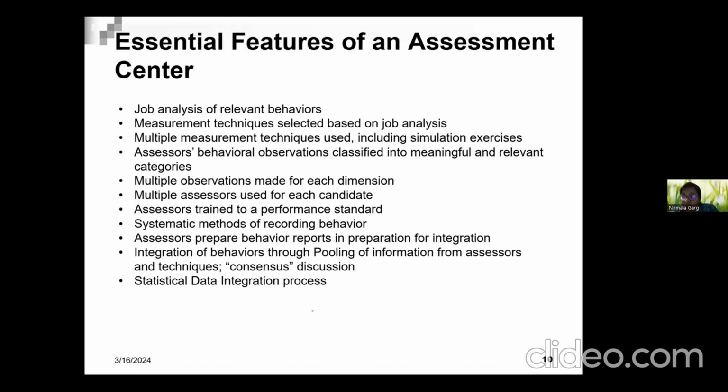At the end of it, what are we observing? We are observing behavior of a related competency. Okay. And how do we do them? Like somebody was talking about. So in an assessment center, we'll have assessors who will be observing, documenting, recording, classifying, and then evaluating on what? On these behaviors. Okay.